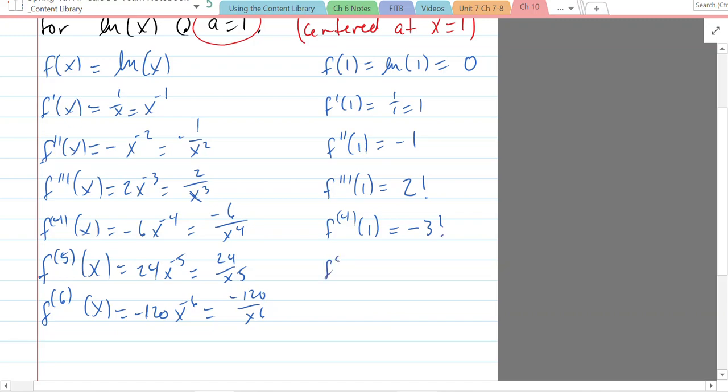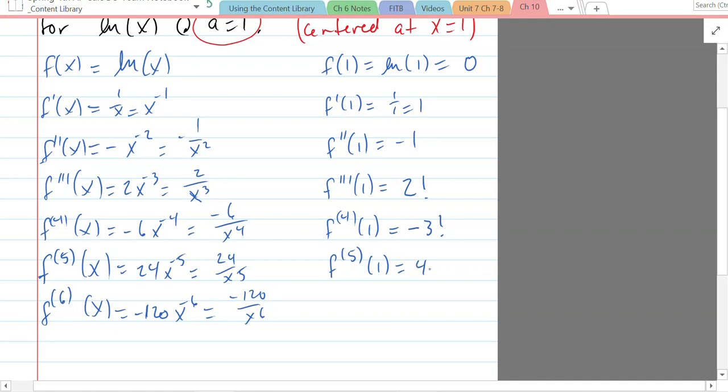And then the fifth derivative evaluated at 1 is equal to 24, so it's positive 24, so it's 4 factorial.